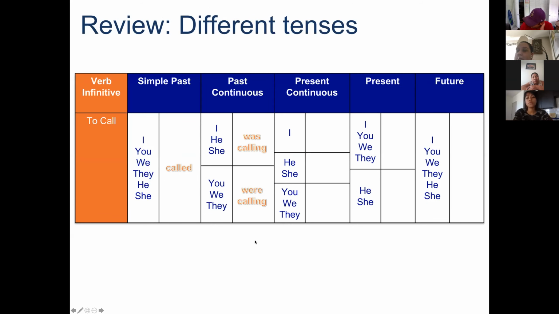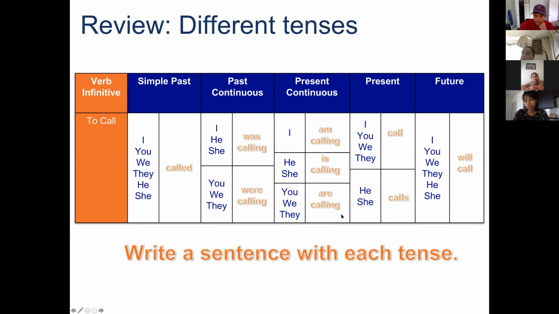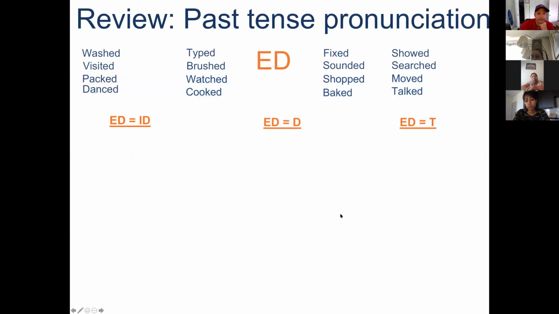Present continuous. I am calling. He, she is calling. And you, we are calling. Very good. Present tense? I call. And he, she calls. Good. Future? Will call or going to call. Good.